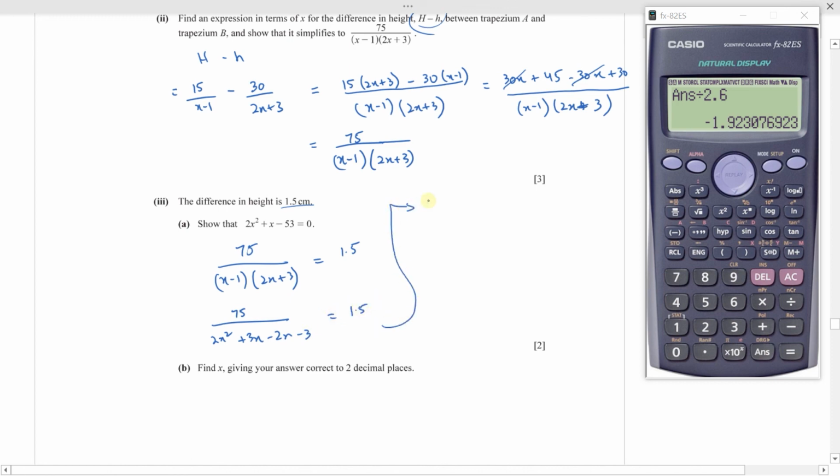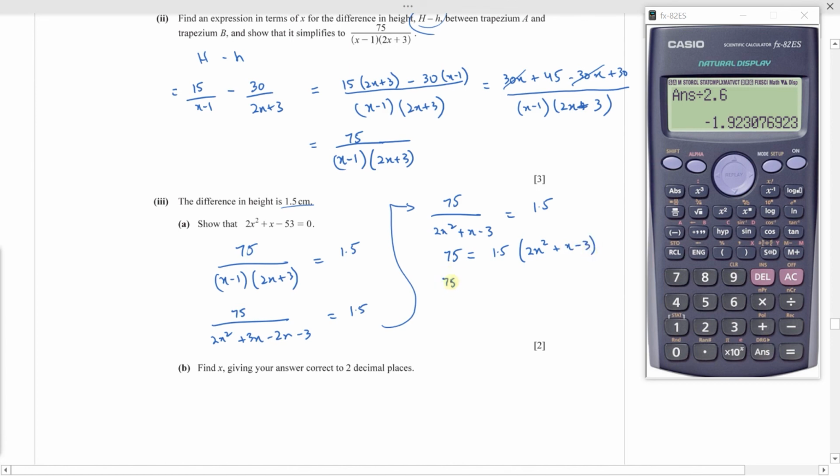So let me continue here. And then I will get 75 over 3x minus 2x is x. So I will get 2x squared plus x minus 3 equals 1.5. Now I'll take this and multiply it on the other side of the equation. So I will get 75 equals 1.5 into 2x squared plus x minus 3.